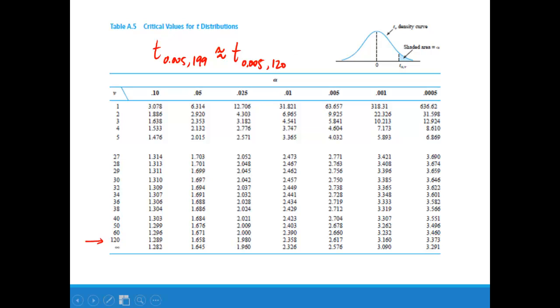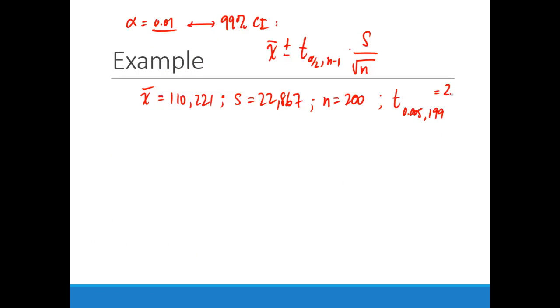And again, I want 0.005, so I can go over to that column, and there we go. So our critical value is going to be 2.617. Okay, so T equals 2.617. And we are ready to go.